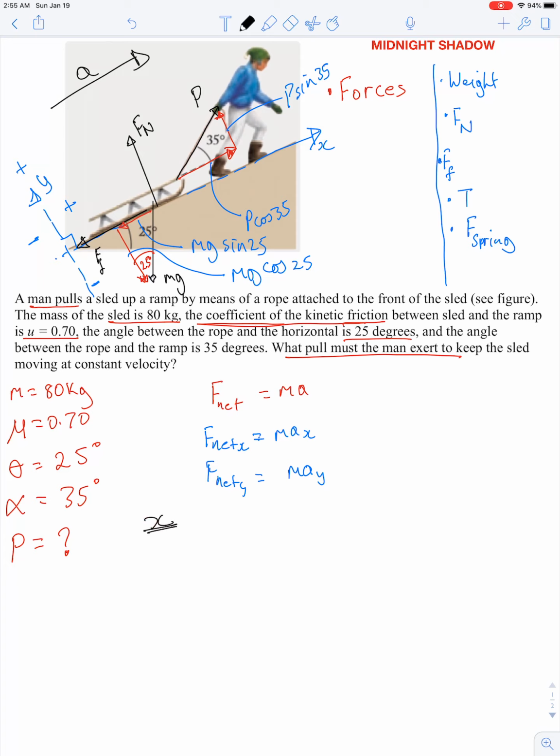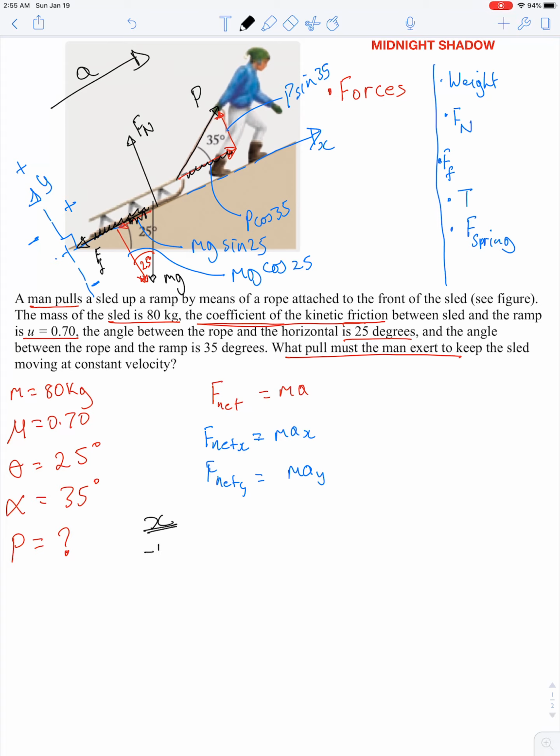What does F net x mean? Add up everything that looks like x. All the arrows. So here I can see this arrow looks like x, this arrow looks like x, and my FF, which is hiding there, looks like x. So I have three forces, and I just add them.